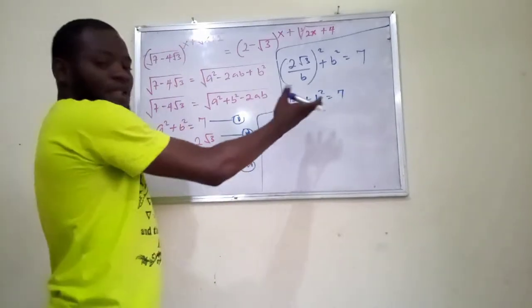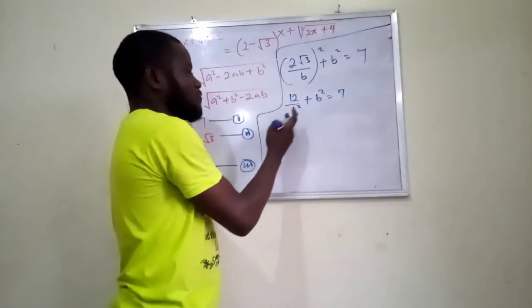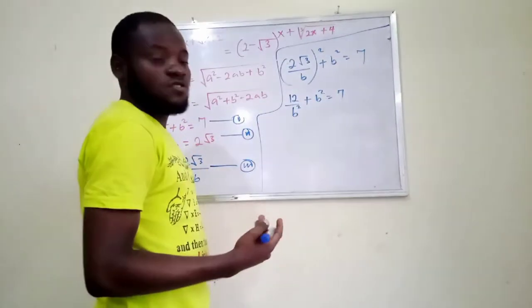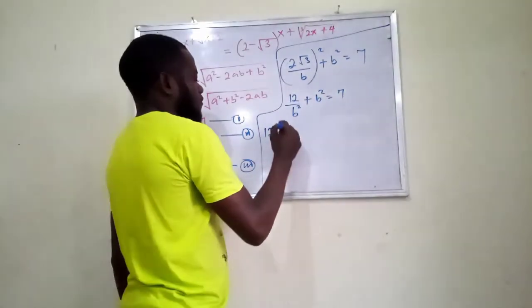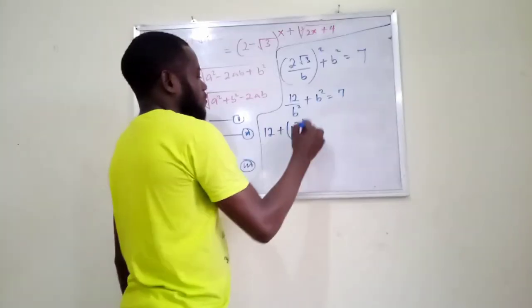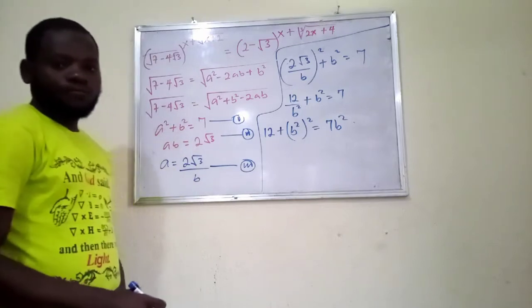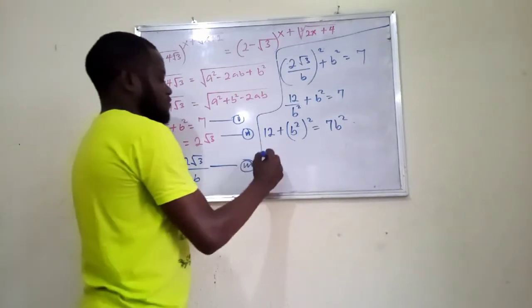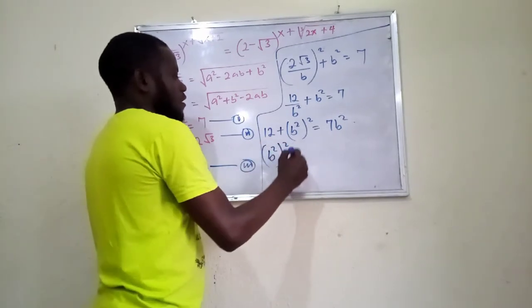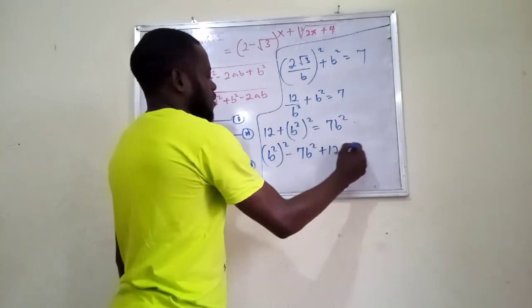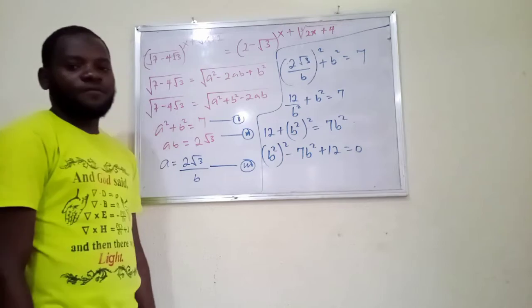If I multiply through by b square, because b square is the LCM of b square and 1, I will then have 12 plus b square all square equals 7b square. So I can write this equation as b square all square minus 7b square plus 12 equals 0.